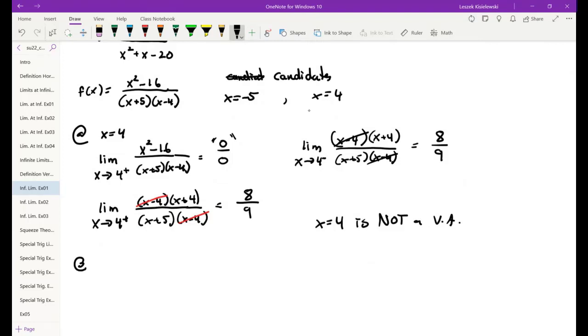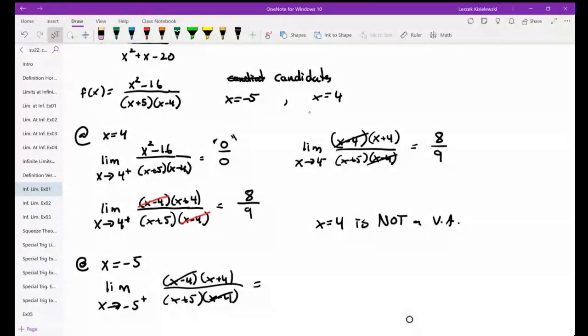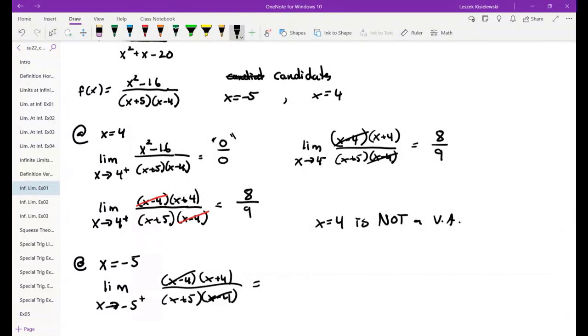So now we would want to check as well at x equals -5. And so the same procedure, check the one-sided limits. So we approach -5 from the right. We already factored and simplified. Okay. So now we see that the numerator goes to -5 plus 4.